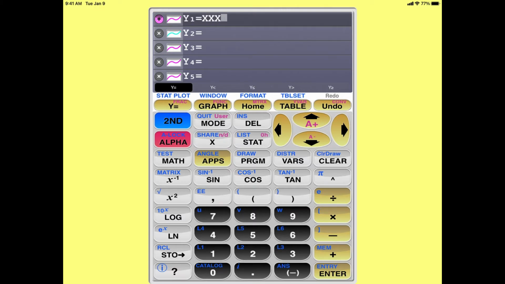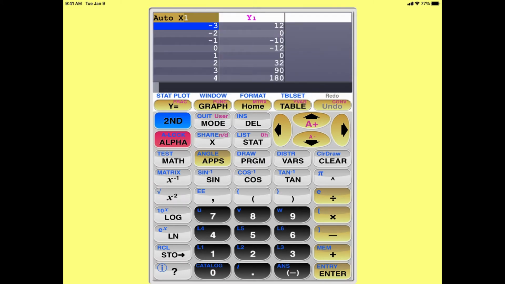X to the third plus 7x squared plus 4x minus 12. Okay, so I got table set already done, so just press table, and then we have -2, 0. That means x equals -2 is a 0, and x equals 1 is a 0.